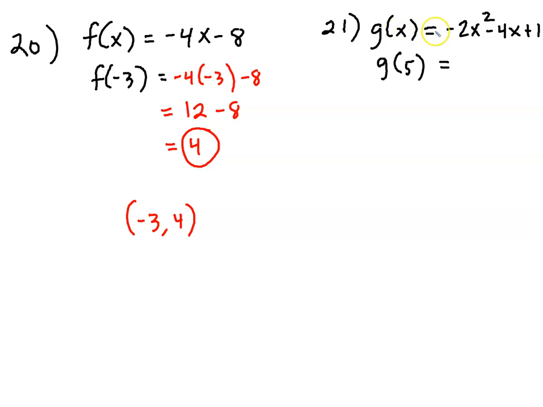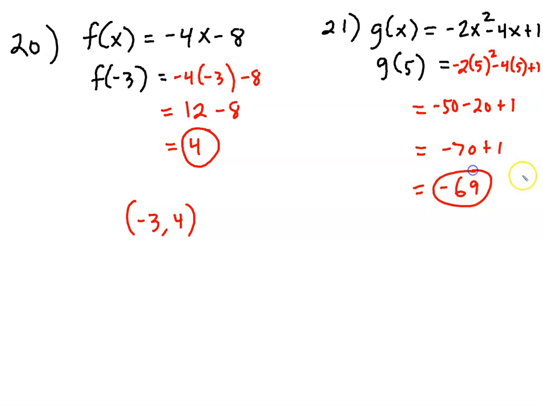So here's a function. What's the output given an input of 5? So that just means in place of the x's, you're going to put in 5 and then simplify. So be careful here, you got to do powers first. So this is 25 times -2, it's -50, minus 20 plus 1, -70 plus 1, -69.